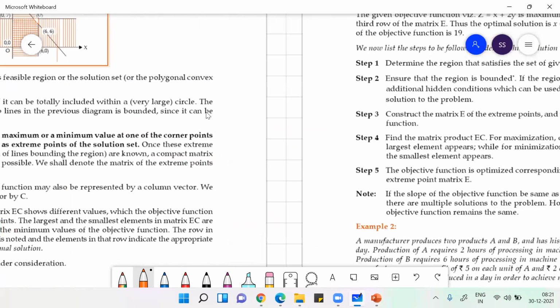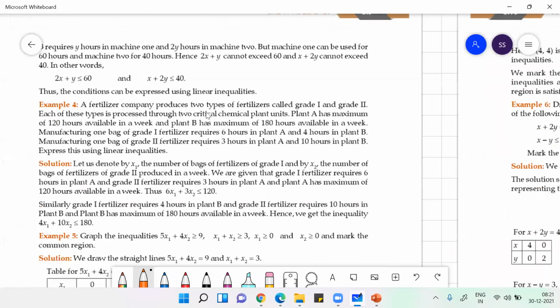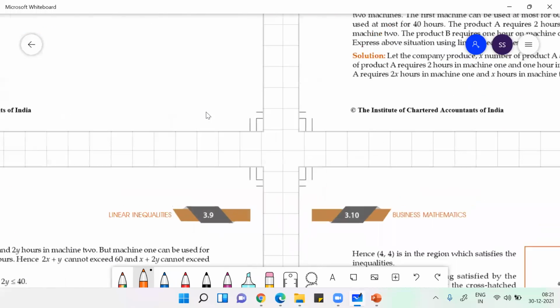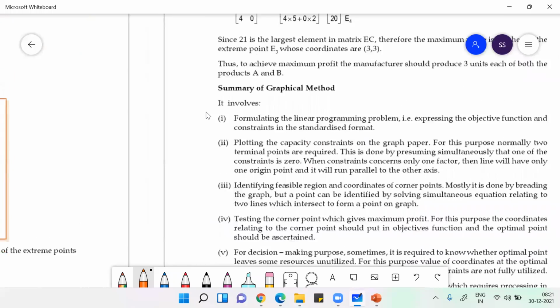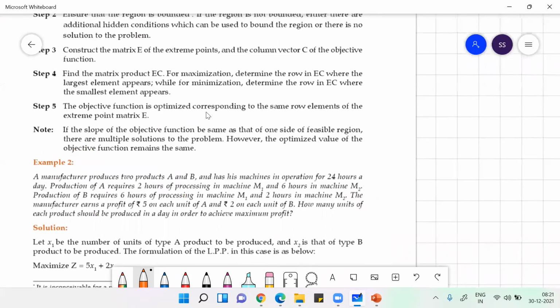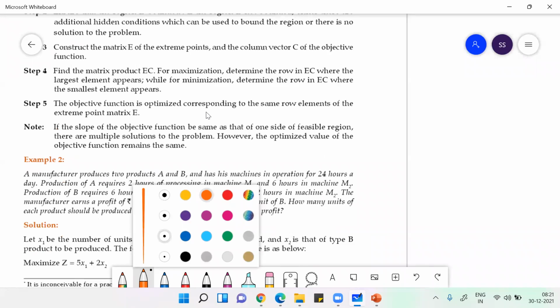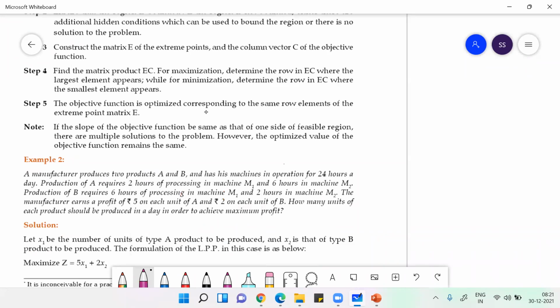See this question, example 2. What is given here is that a manufacturer produces two products A and B and his machine operates for 24 hours a day.